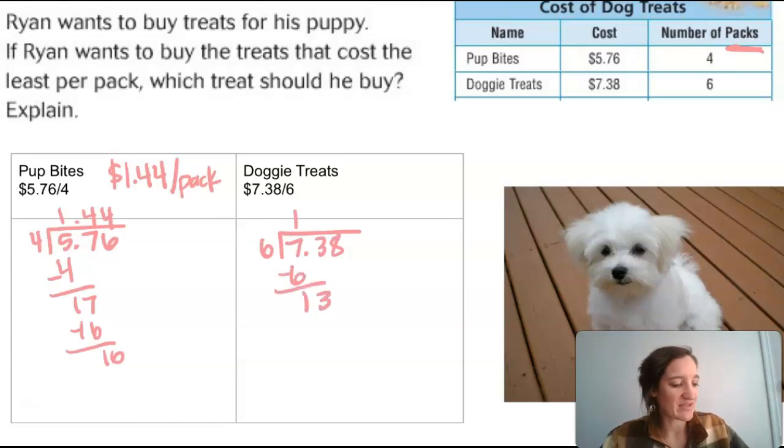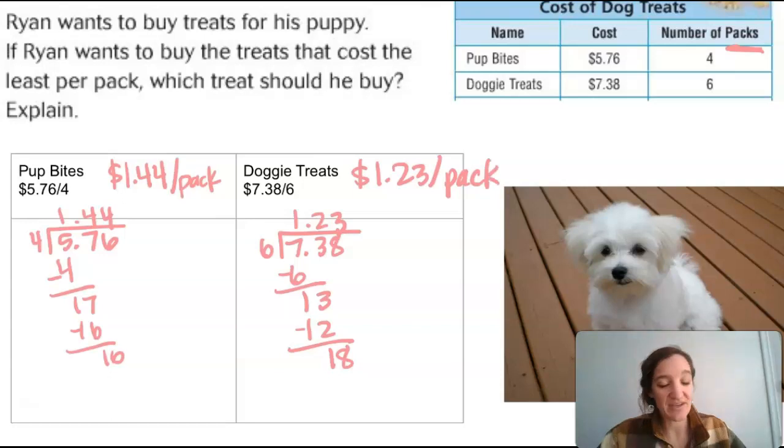Let's see how close we get. Oh, there we go. I've already found out which one is cheaper, haven't I? The doggy treats are $1.23 per pack. So as long as they taste equally the same, you'll go with the doggy treats, right? Because they are cheaper per pack.